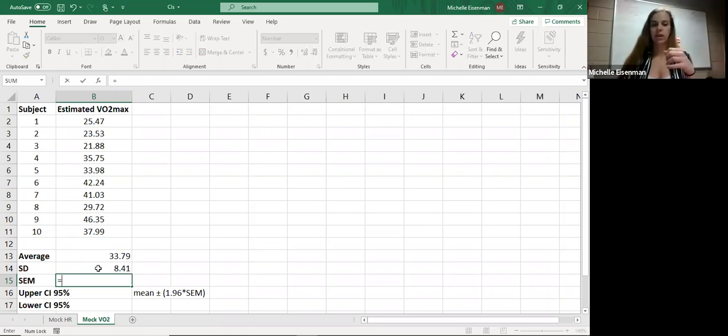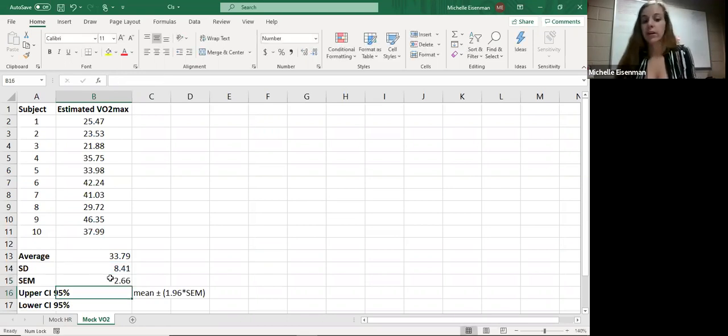Since we've already calculated that, I'll just click on that cell, divided by parentheses square root. There is a function for it, so SQRT. Double click that. Since it's looking for the square root of the number of participants, in this data set I have 10, so I will just type in 10. Okay. So our standard error of the mean is 2.66.